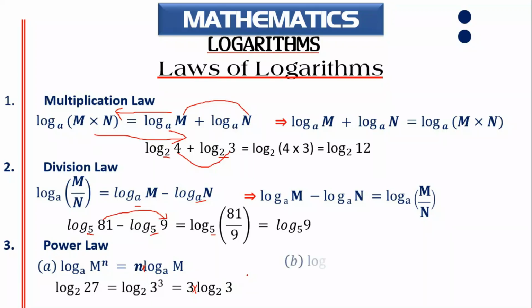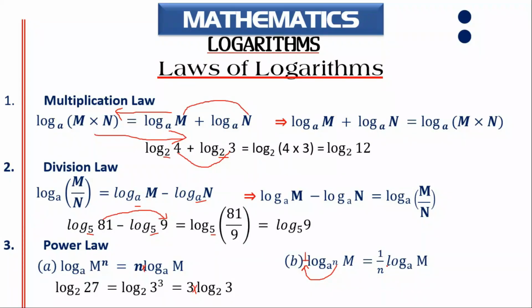Now the alternative form of the power law: in this case, the power is on the number. When the power is on the base, this law permits us to bring that base value behind too. But when you are bringing it to the back, it will now be 1 over whatever it is that you have there, which is what has been simplified here.